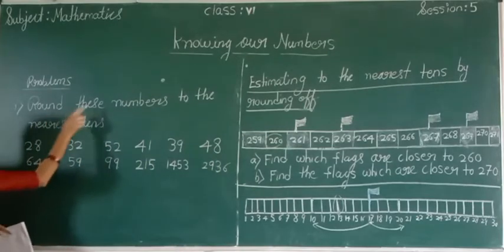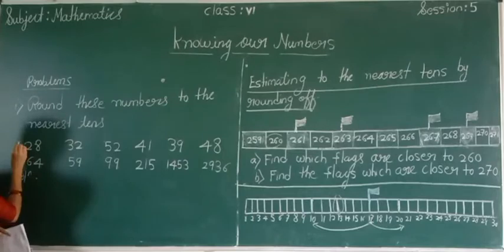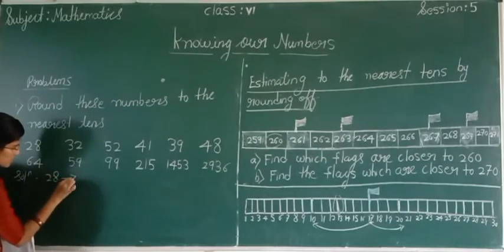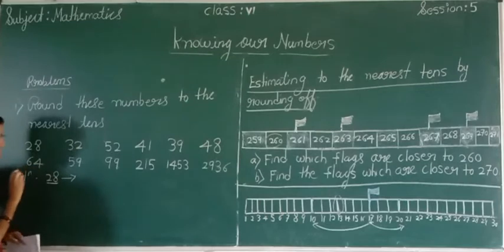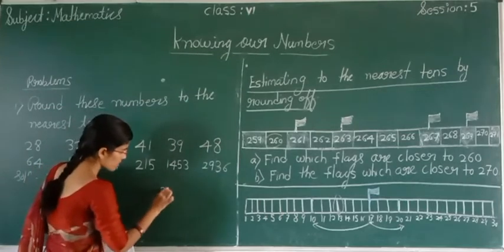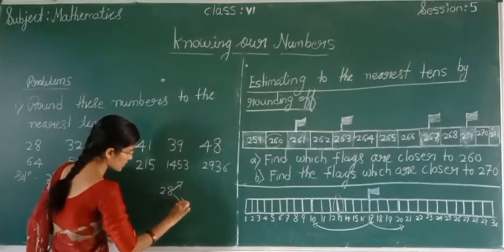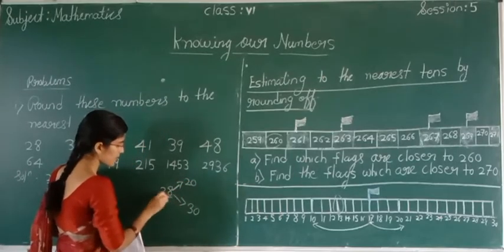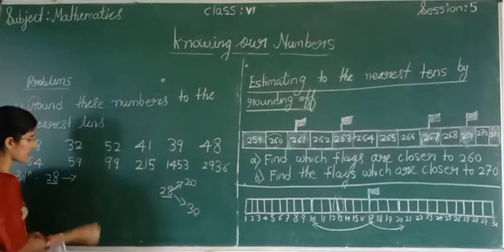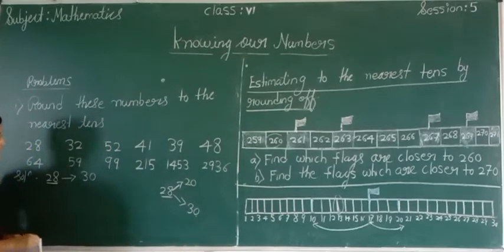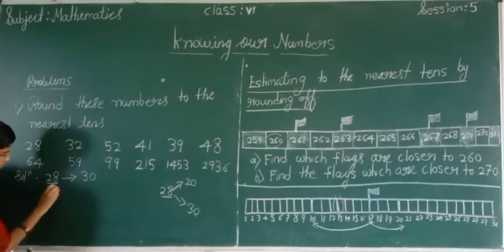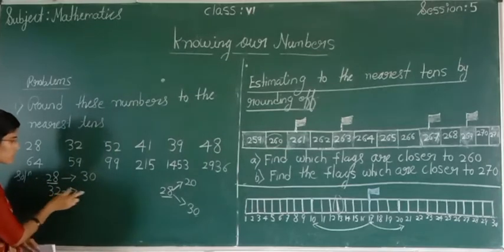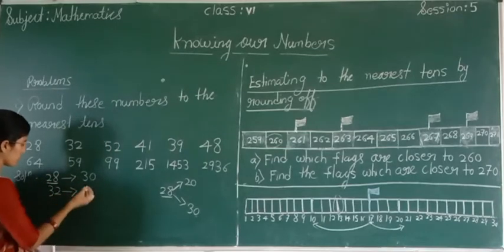What they will round this number to the nearest tens. Okay. So 28, nearest tens. 28 will lie between 20 and 30. 28 is nearer to 30. We will round off this. Next 32. 32 will lie between 30 and 40. 32 is very nearer to 30.